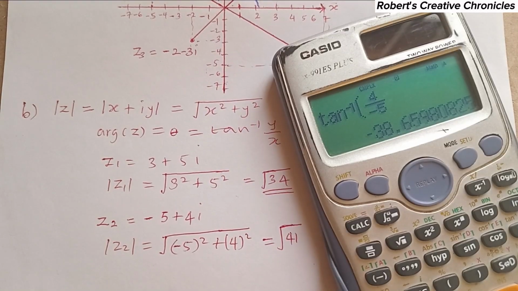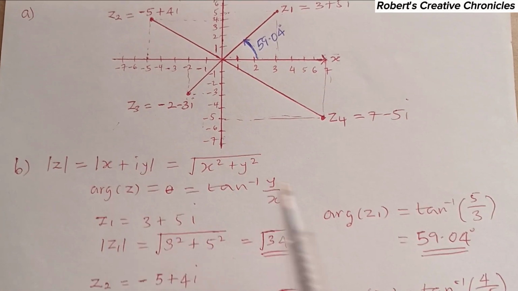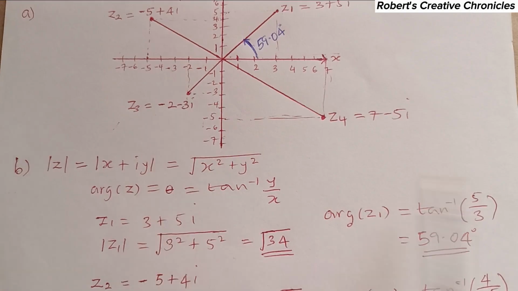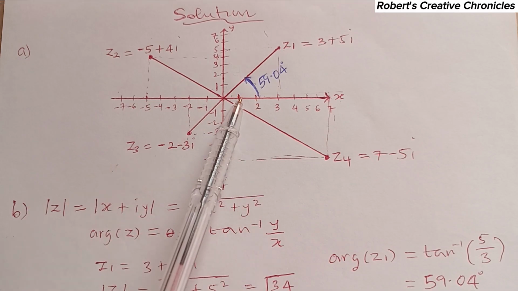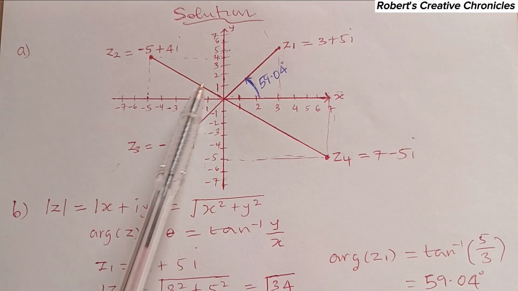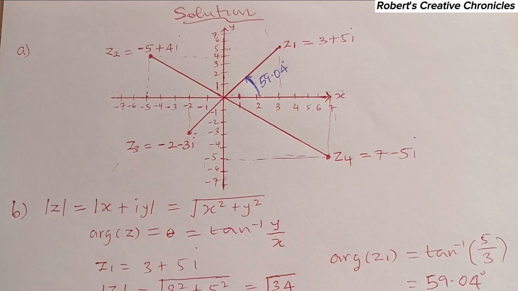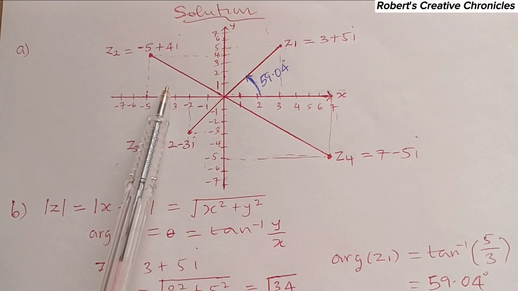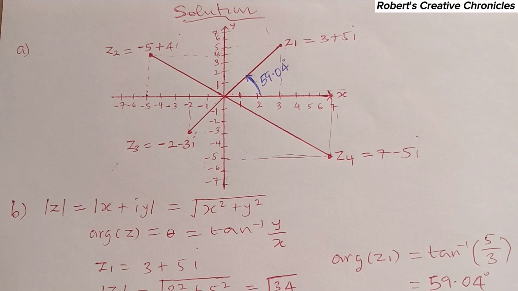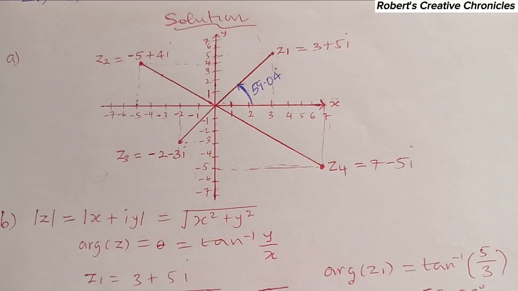Now this is negative, and this is in the second quadrant, giving us a negative angle. So what we will do is add 180 to get the positive angle from this positive axis to this line, which is the definition of argument. Because argument cannot be a negative angle, since it is in the second quadrant, we will add 180 to it.